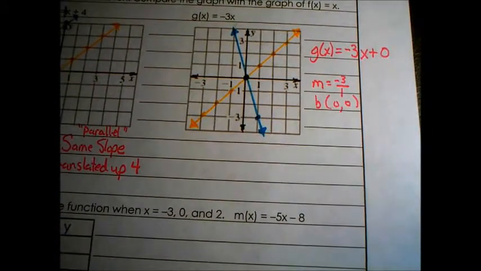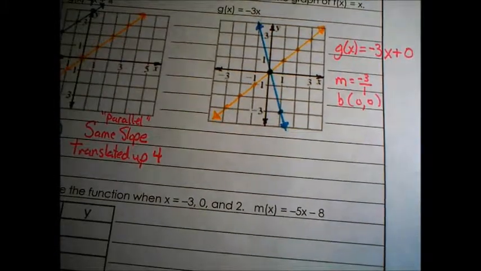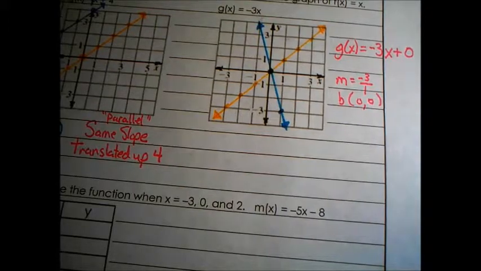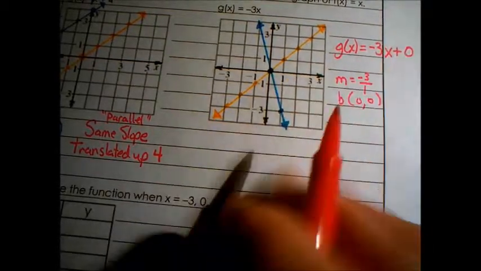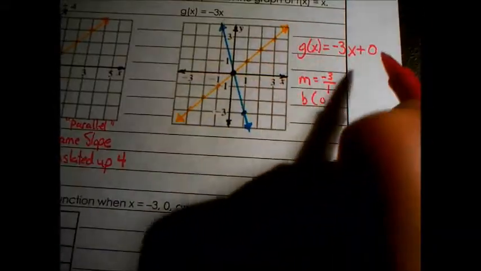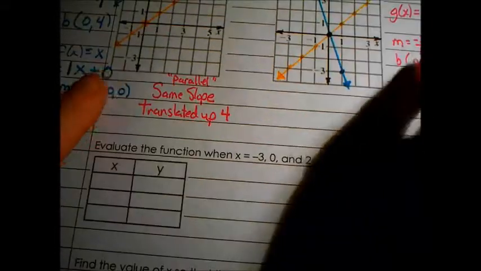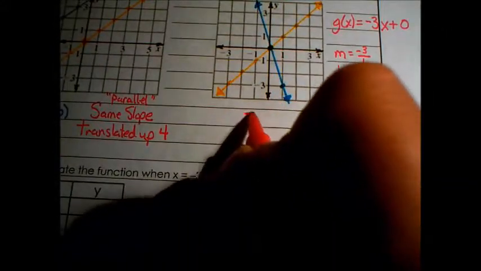Okay, so now how am I going to describe this one? On this problem, we have the 0, which matched on both. Our parent graph had a 0, and this one had a 0. So my intercepts are the same.